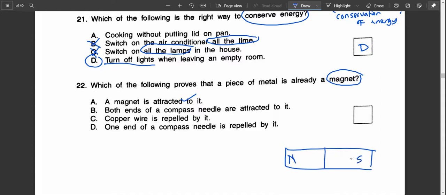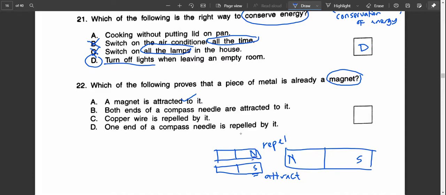One is north, one is south. And if you put the north pole here next to it, it will repel. And if you put a south pole next to the north pole, it will attract. So an important characteristic of a magnet is that one pole should attract, another one should repel.